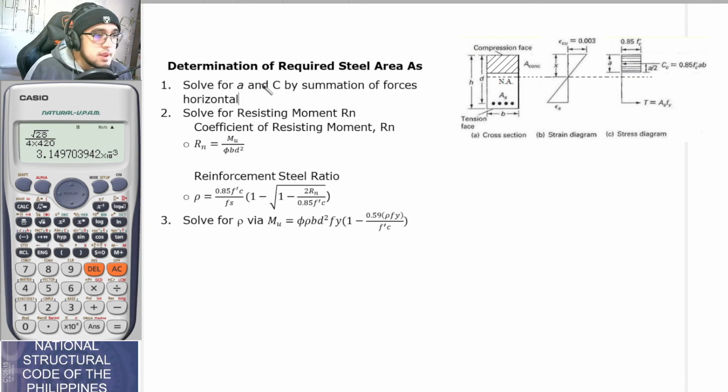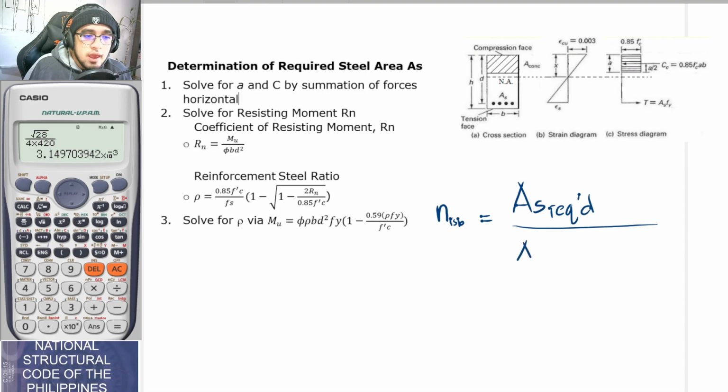By the way, for your required steel area, that is AS required. For you to determine the number of rebars, let's say N RSB, that is equal to AS required divided by the AS per piece. For every rebar, for example, if you would be using a 20 mm rebar, that is pi over 4 times 20 squared.